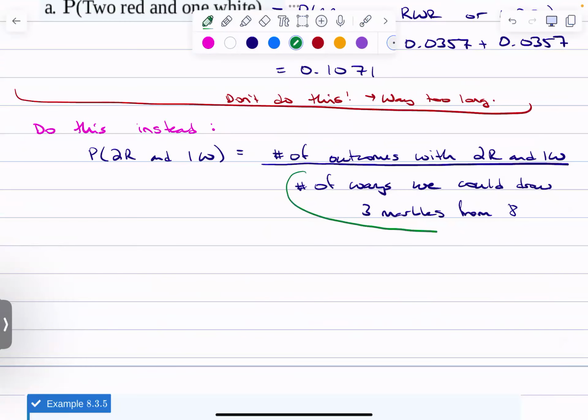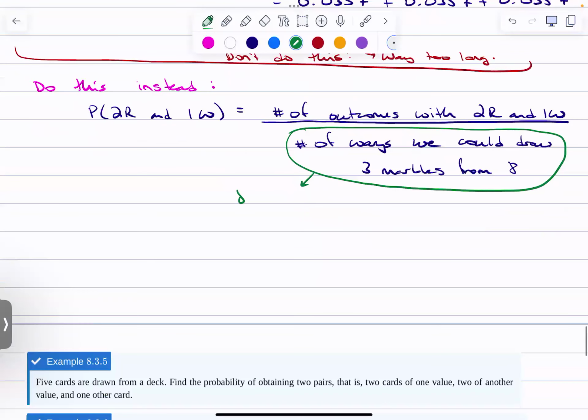This, you might remember, you can find by doing 8 choose 3. Right? The order doesn't matter. How many ways can I choose just 3 marbles out of 8? 8 choose 3 on your calculator is 56.